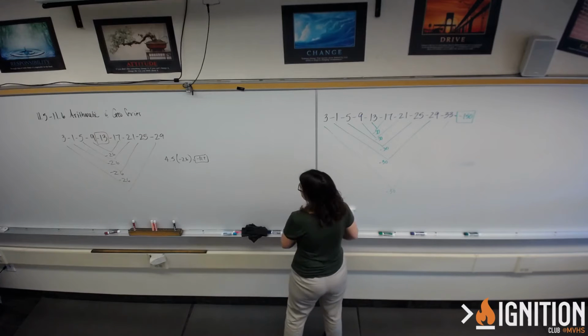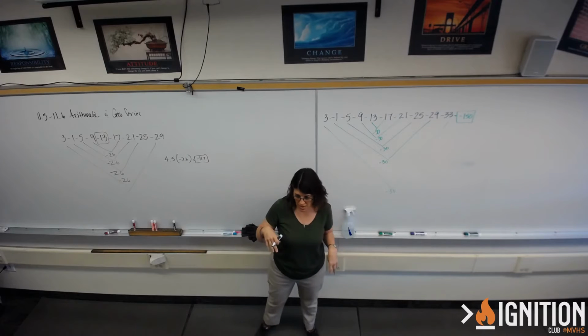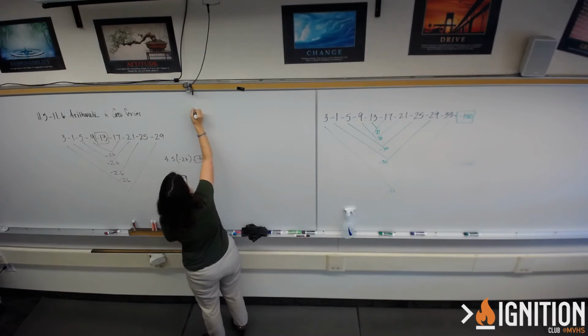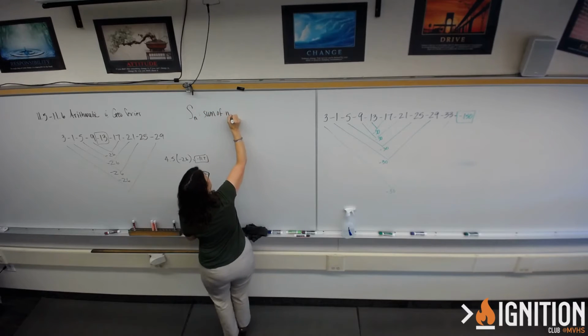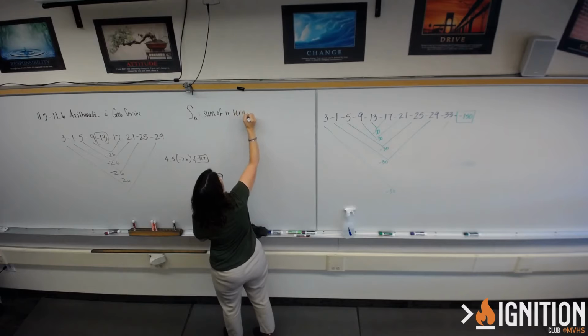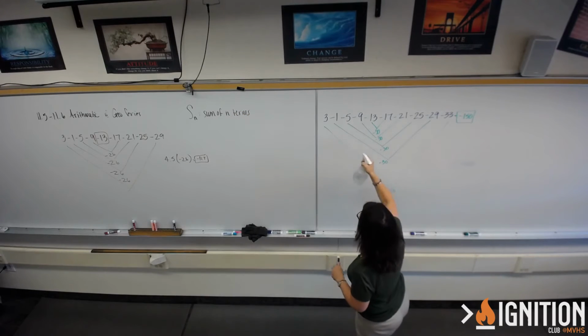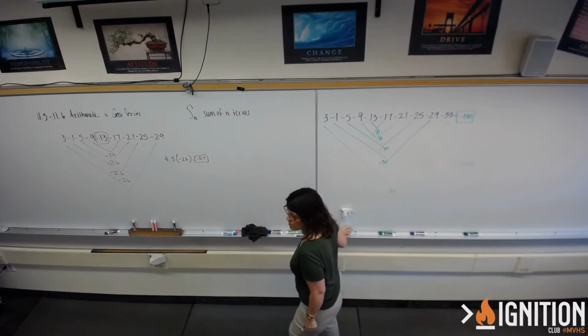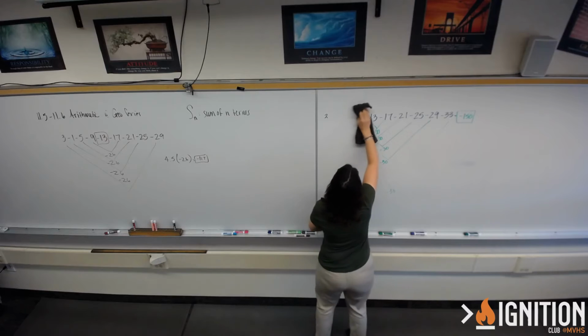Okay, so what about something like, well, you know what? I want a generic formula, and we use S sub n for sum. It's very similar to summation notation. Come up with the formula.